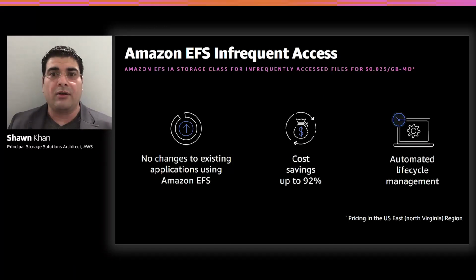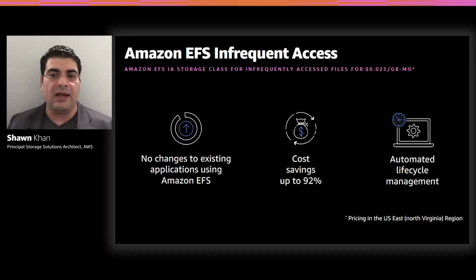So now, since we talked about infrequent access, what exactly does infrequent access enable for our customers? A combination of infrequent access and standard class enables customers to get the best of both worlds. For workloads or data that require high performance, especially for small files or metadata-intensive operations, customers can use the EFS standard class, and for all the data that's not accessed all the time, customers can use infrequent access.